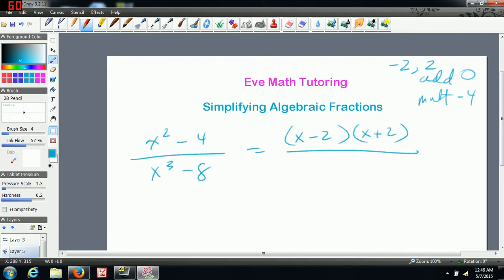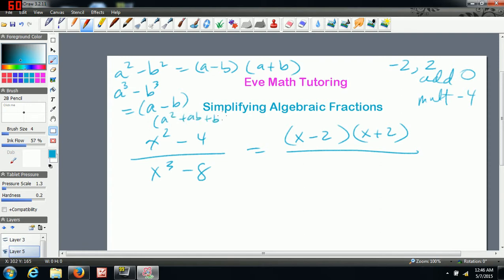On the bottom, we've got a difference of cubes. As you remember, a difference of squares is in the form a squared minus b squared, and it factors in this way. And for a difference of cubes, I've done separate videos on each of these topics, but if you look at the video on the difference of cubes, you'll see that this factors in the following way: a minus b times a squared plus ab plus b squared.